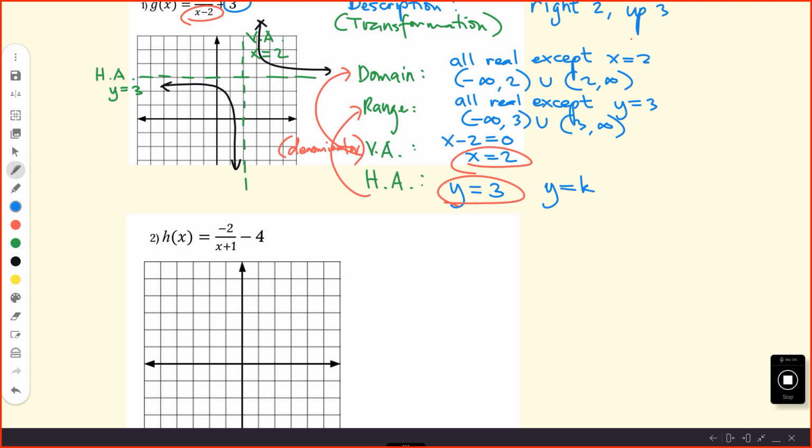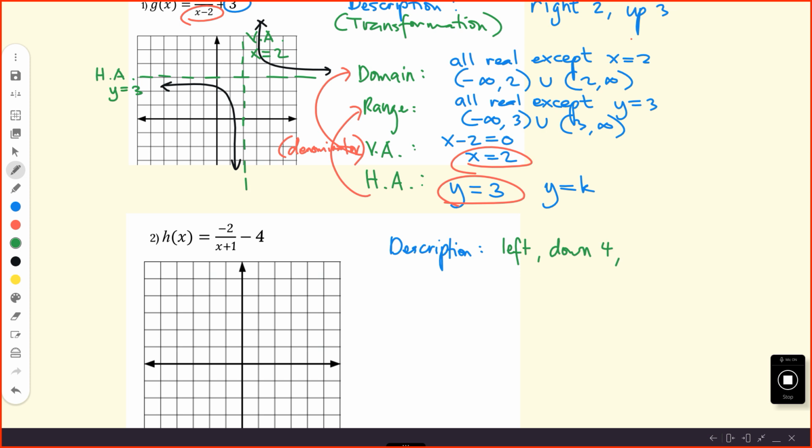Who can give me the description for this? All the description or all the transformation? You go left 1. Down 4. What else? We still have 2 more. Yes, Rowan? Would it be like times -2? Times -2.